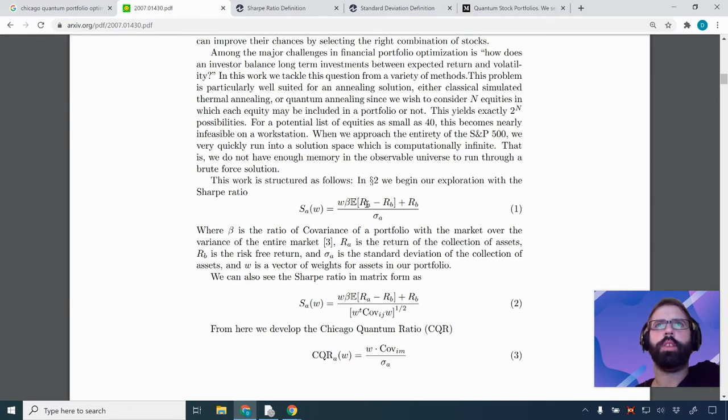Okay, so I see here the standard deviation, and then I see the R_A minus R_B, plus beta, where beta is the ratio of covariance of a portfolio with a market over the variance of the entire market.